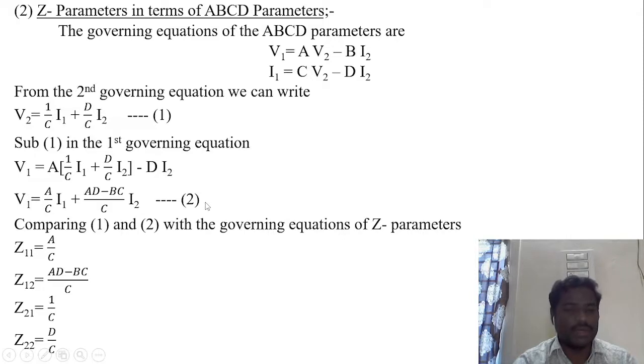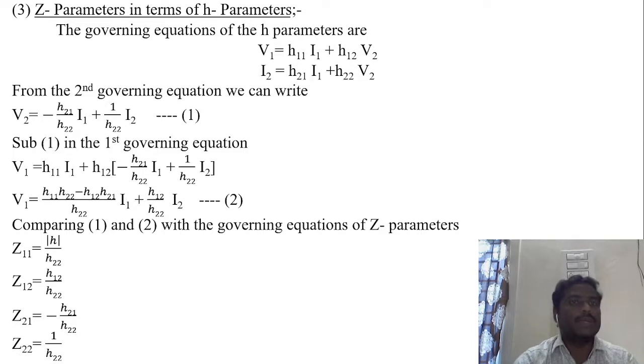This is equation number 2. Comparing equations 1 and 2 with the governing equations of Z parameters, V1 is equal to Z11 into I1 plus Z12 into I2, and V2 is equal to Z21 into I1 plus Z22 into I2, we get Z11 is equal to A by C, Z12 is equal to (AD minus BC) by C, Z21 is equal to 1 by C, and Z22 is equal to D by C.